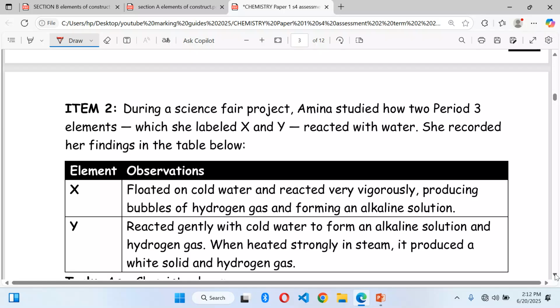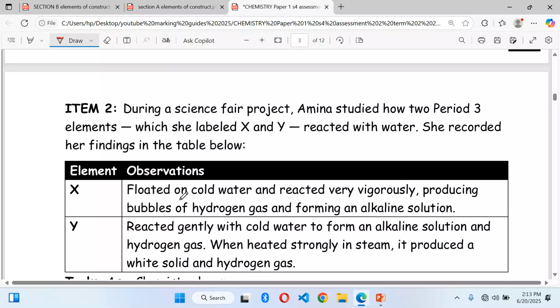Let's look at this item. This item is saying, the scenario is saying, during a science fair project, Amina studied how two period 3 elements, which she labeled X and Y, reacted with water. She recorded her findings in the table below. Element X, observation.